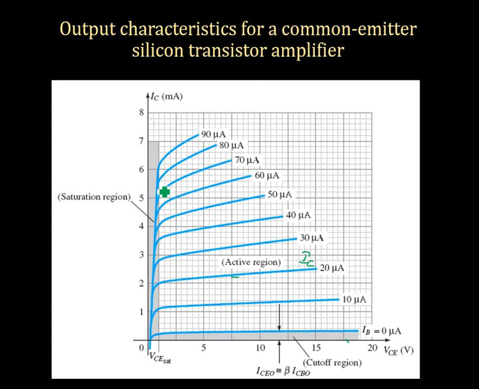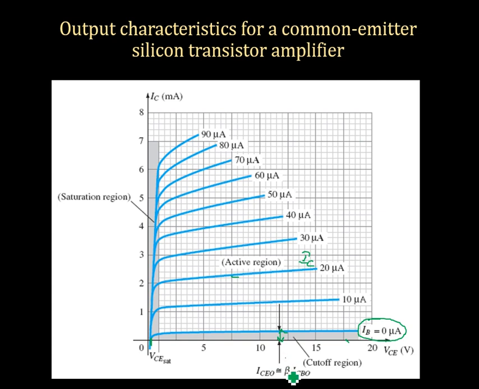Similar to the common base configuration, you can find the saturation region here towards the left of VCE sat. This value of VCE is known as VCE sat, and the cutoff region is below IB equal to 0 ampere. When IB is equal to 0 ampere, there is still an appreciable amount of current flowing through the collector.